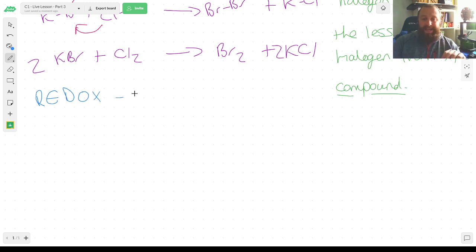So redox stands for reduction and oxidation. There is an acronym that you need to know. It's one that we've come across before. It's not anything new. I learnt it when I was at school, so it's got to be properly old. And that is OIL RIG.